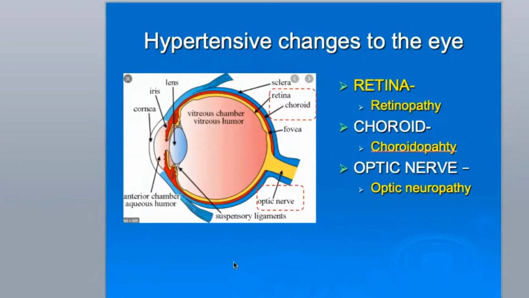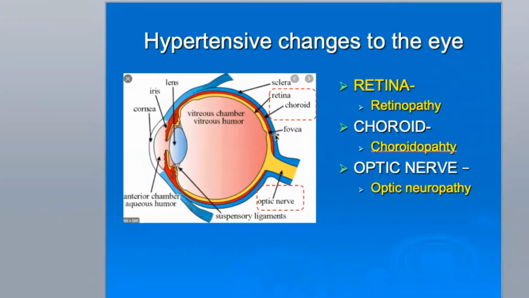Let me recap the anatomy of the eye. I hope everyone remembers that some parts of the eye are avascular. Avascular means there's no blood vessel. Which part is avascular? The cornea and also the sclera. So these two, the coating of the eye, do not have any direct blood supply.